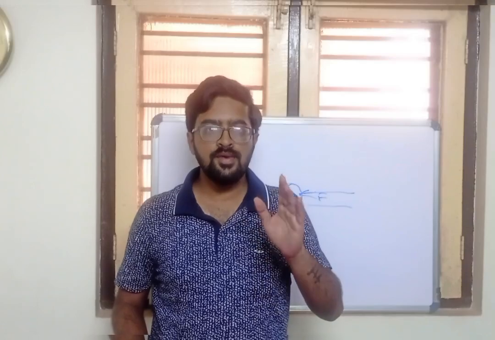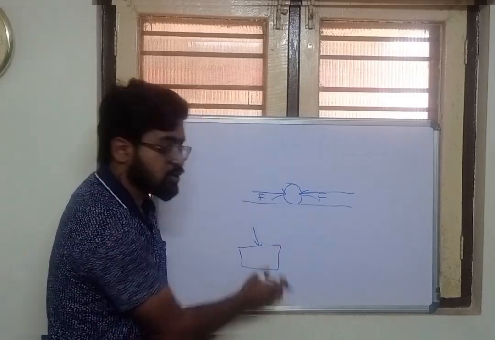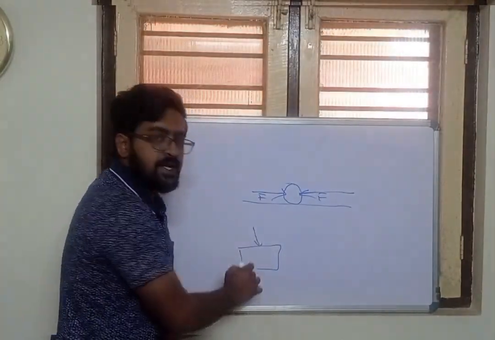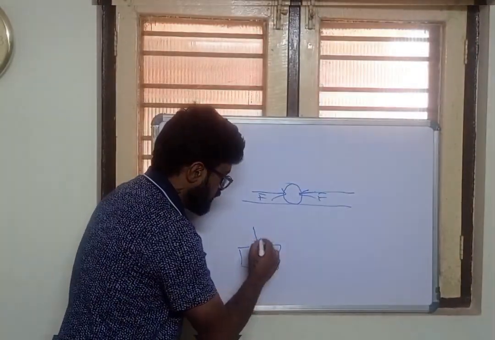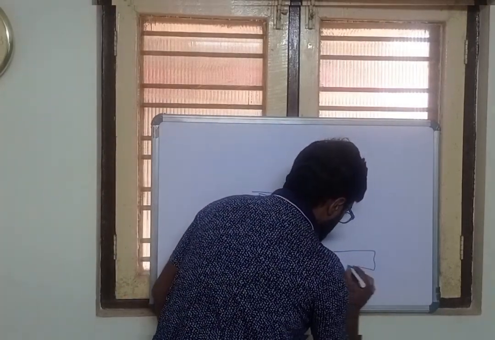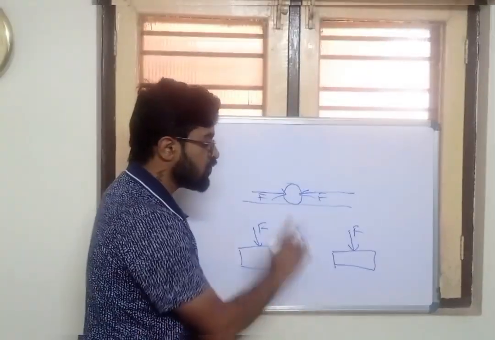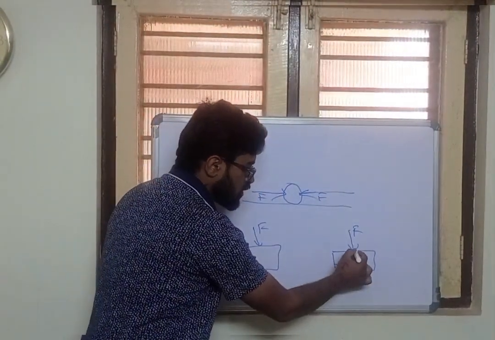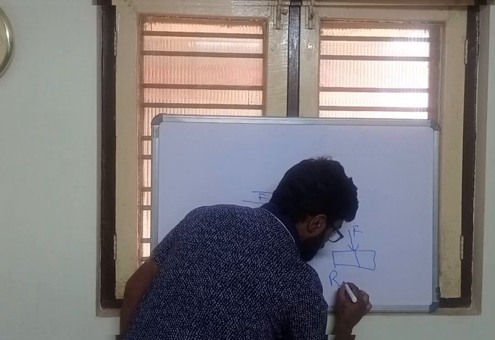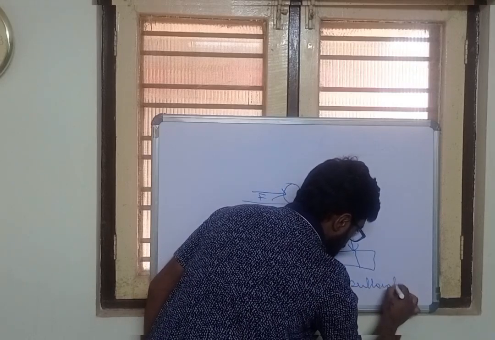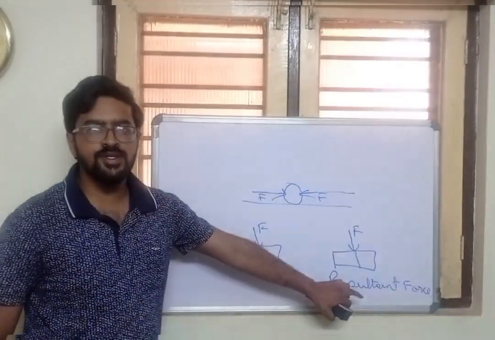It means that if I apply force multiple times on this stone and it breaks, and in another scenario, if I apply a force in such a way that in one shot it will break the stone, this force is called the resultant force.